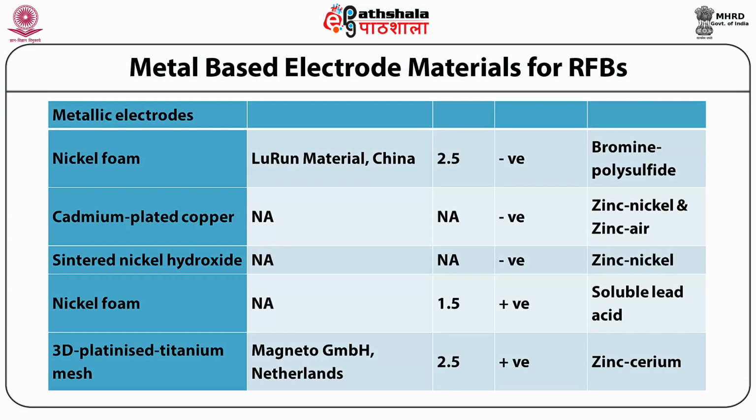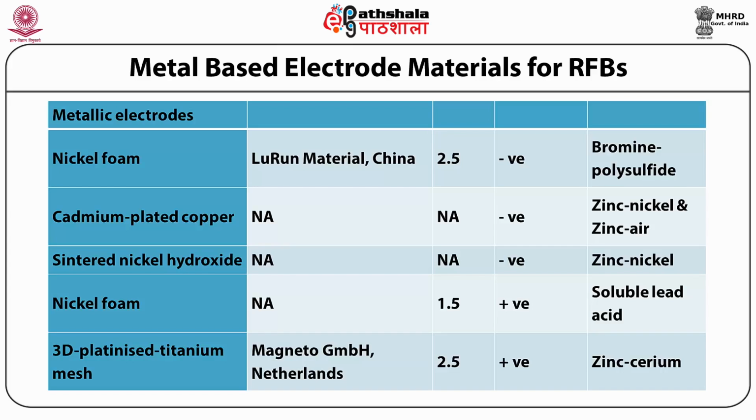The table lists the metal-based electrode materials which are exploited for different RFBs. So we have the different manufacturers for different metallic electrodes. Here five metallic electrodes have been listed, and corresponding to the metal electrodes we have a particular RFB.